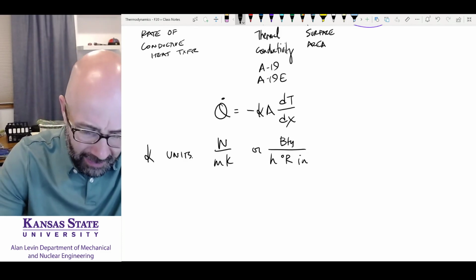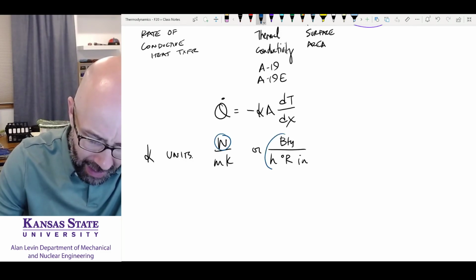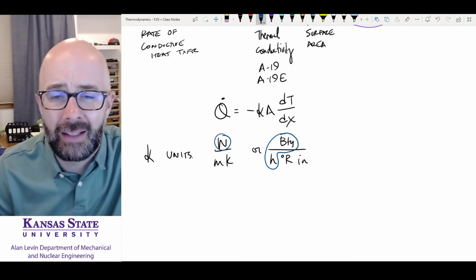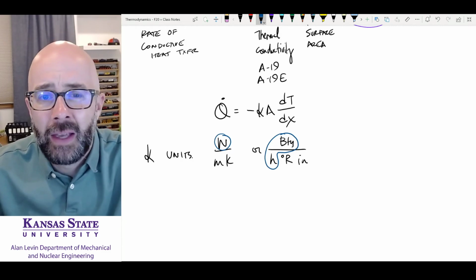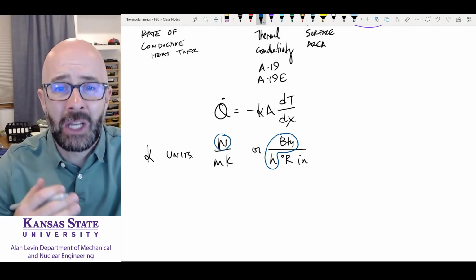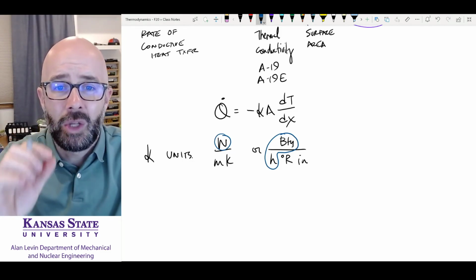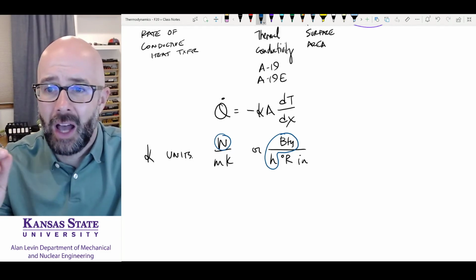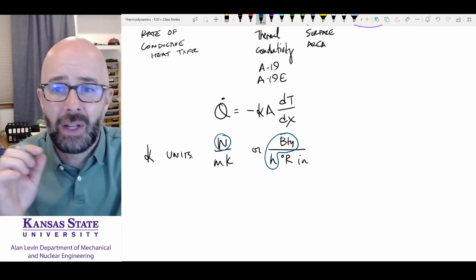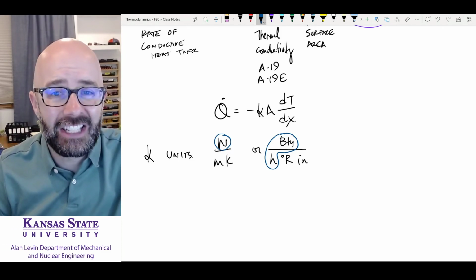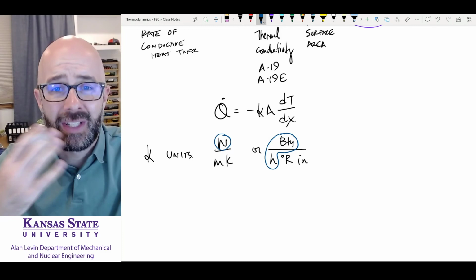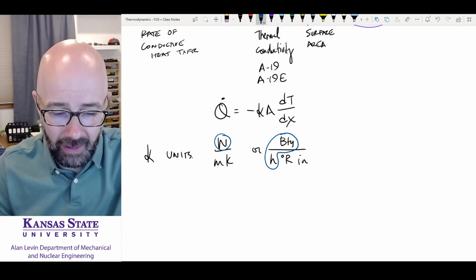Remember, a watt and a BTU per hour are very similar, and meters and inches are related, and Kelvin and Rankine are both temperatures. This is the time where I will talk to you about units in the denominator. When we say per Kelvin, a unit Kelvin is the same as a unit Celsius. A unit of degree Rankine is the same as a unit of degree Fahrenheit. So even though we have Kelvin or Rankine in the denominator here, it does not matter if our temperatures are in Kelvin or Rankine, as long as they're in the same unit system.